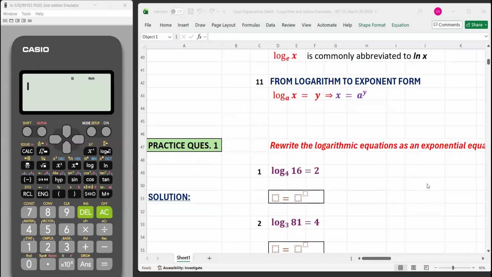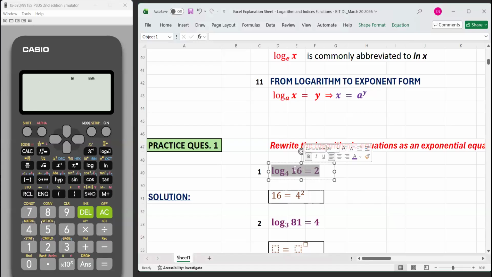Yes, please. 4 raised to the power 2. Okay, so 16 can be written as the base 4 to the power 2. So when you have log of 16 base 4 equals 2, changing to indices, this 16 becomes 4 raised to the power 2.